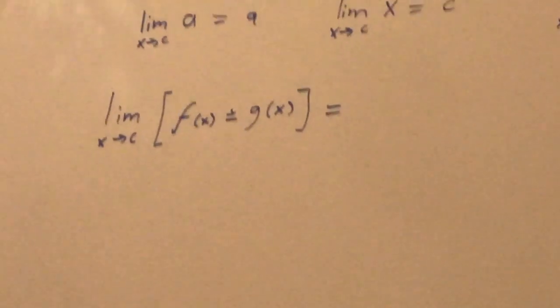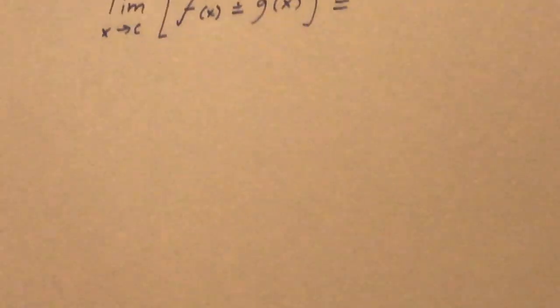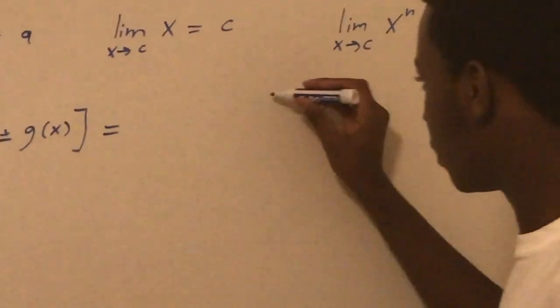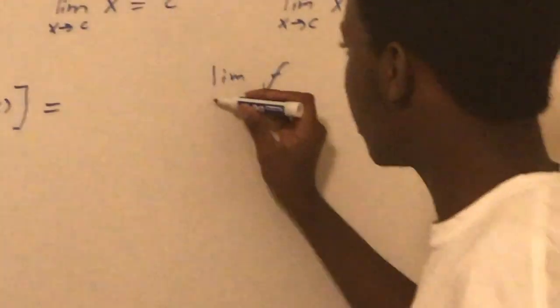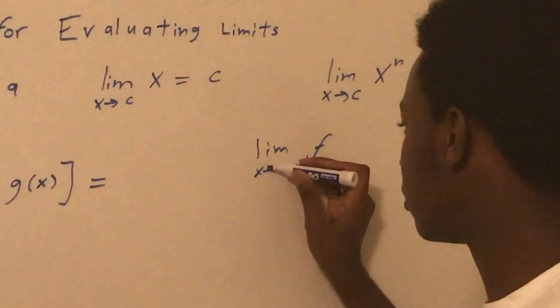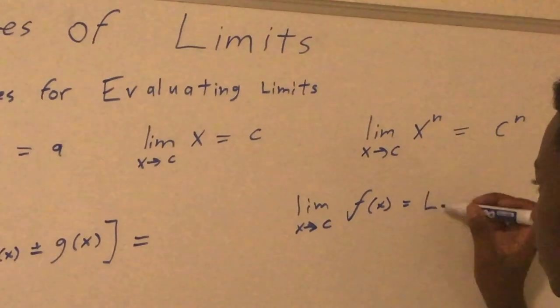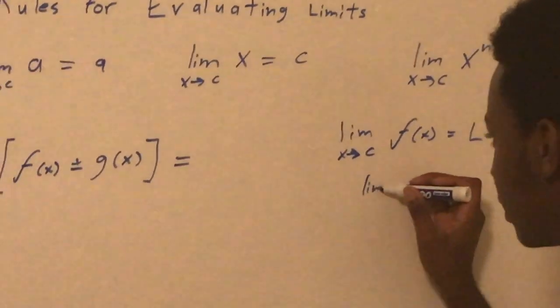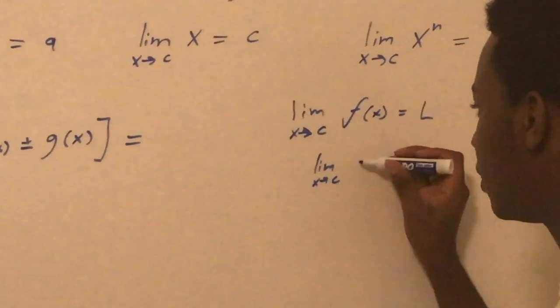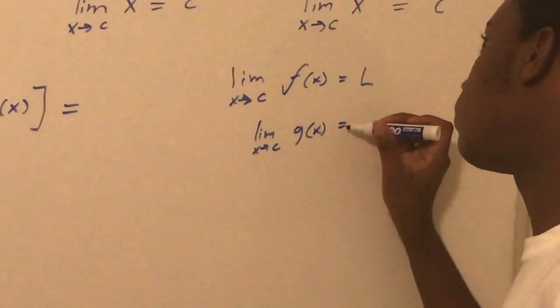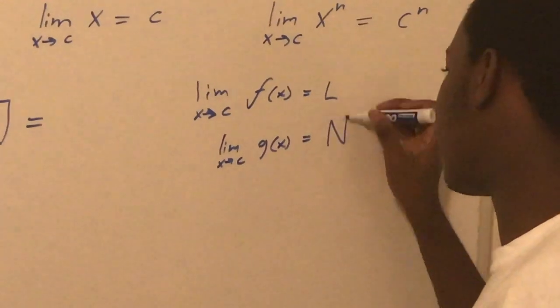So before I show you how that's evaluated, let's just say that the limit as x approaches c of f of x is L, and the limit as x approaches c of g of x is, let's go with n.